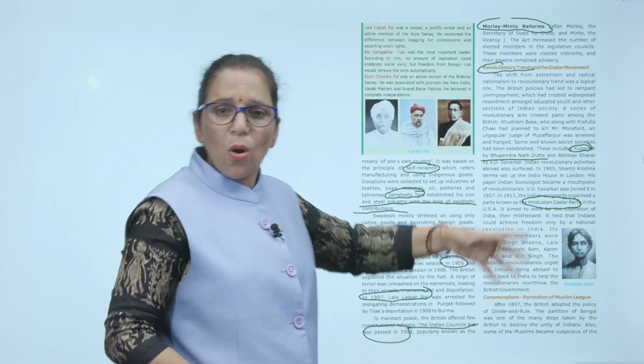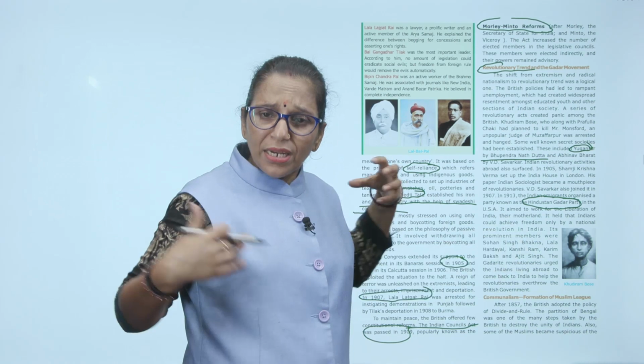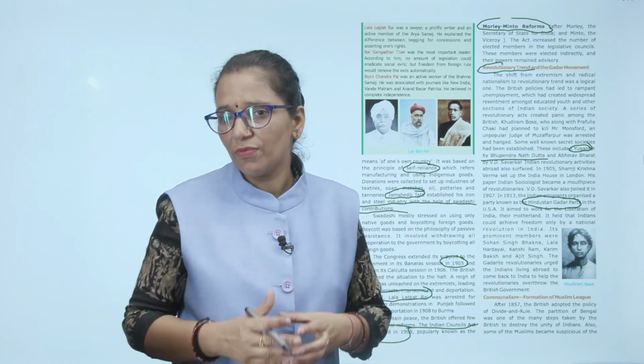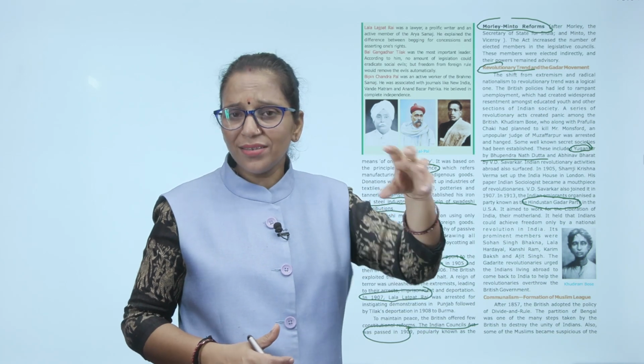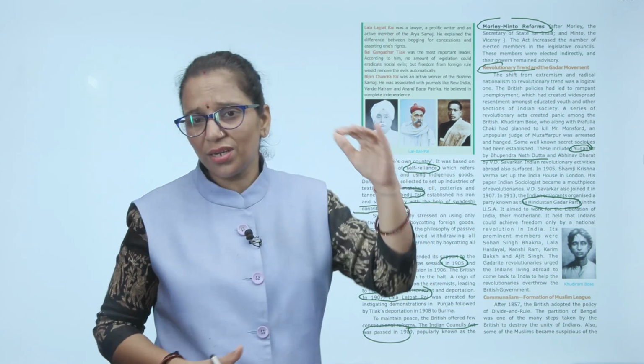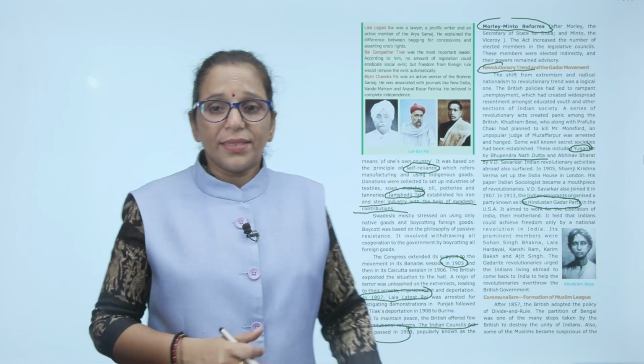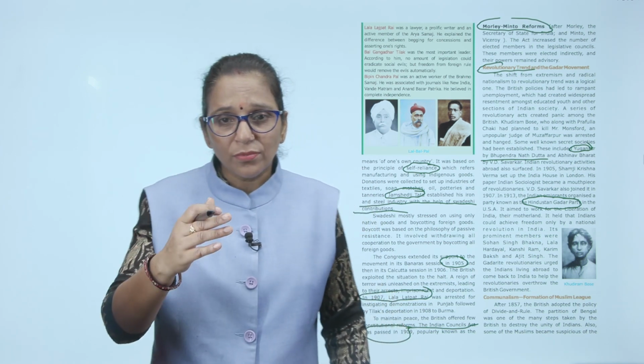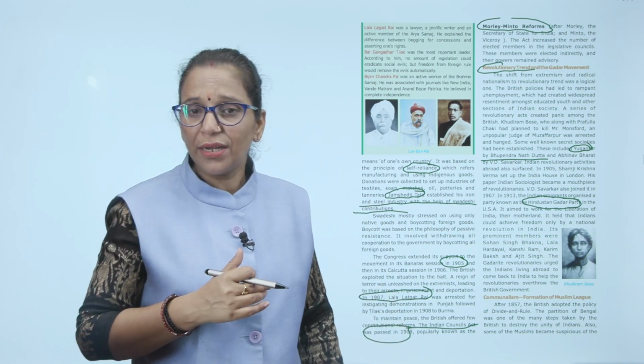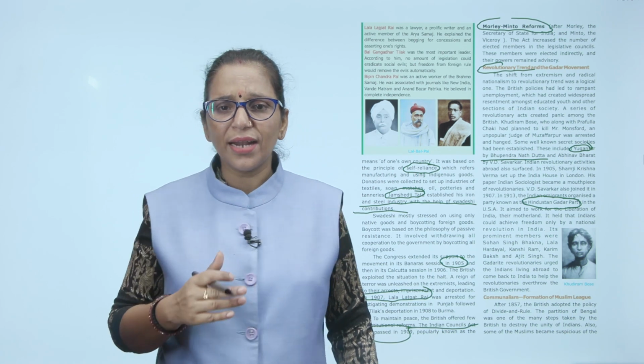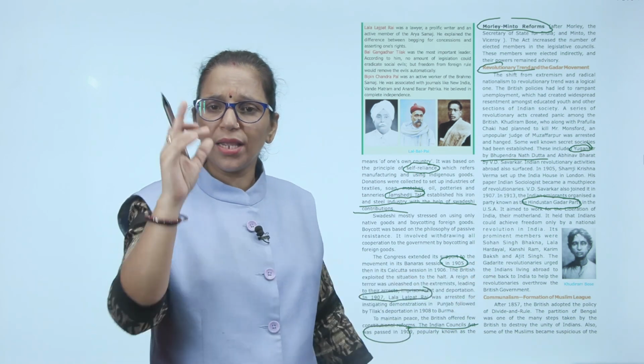Means from abroad, from outside of India, the Indians were working very hard for the freedom of India. They were pressurizing the British government from the outside world. It aimed to work for the liberation of India, their motherland. It held that Indians could achieve freedom only by national revolution in India.